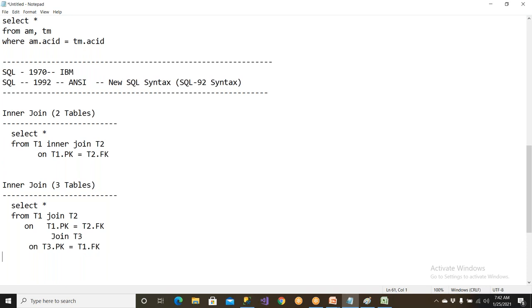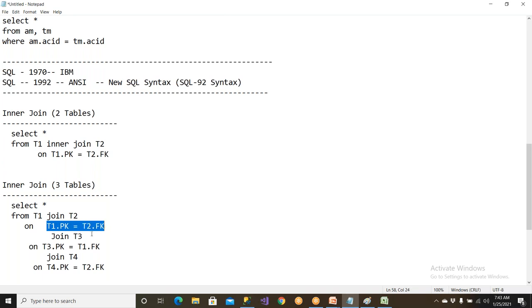If you want to join one more table, you can say join T4 on the condition T4 dot primary key is equivalent to T2 dot foreign key. So this is linked to T2, this is linked to T1. So 1, 2, 3, 4 tables we are joining.